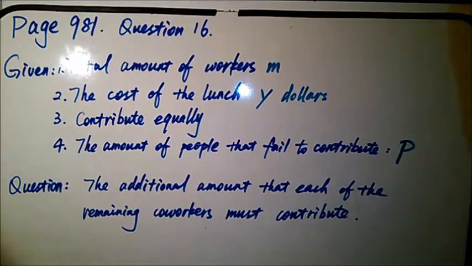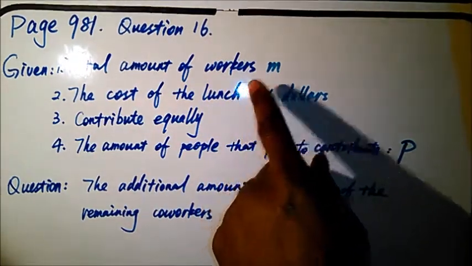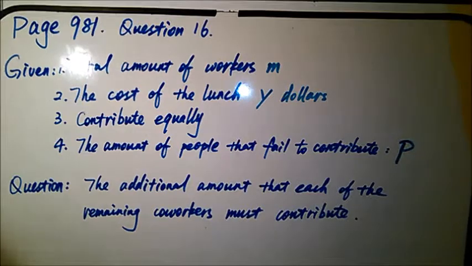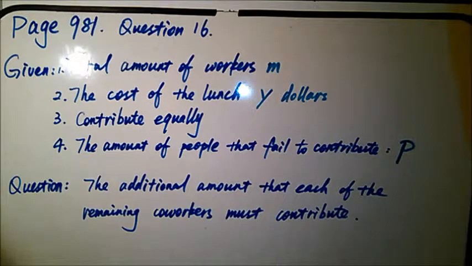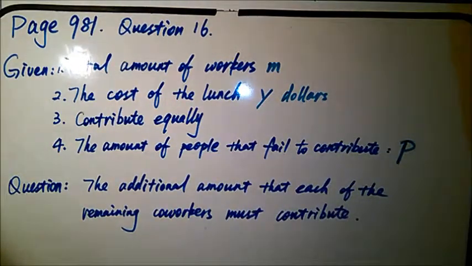And if we look at it again, we see that several things are given to us and several conditions are there. One of the givens is that the total number of workers is M: M coworkers in an office that agreed to contribute equally. The total cost of the lunch is Y dollars.